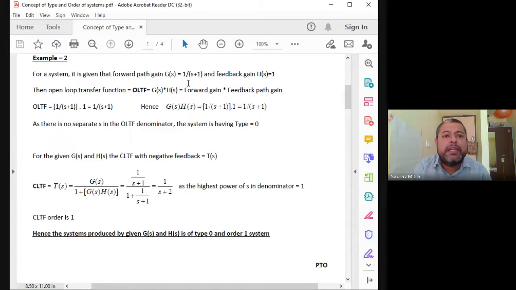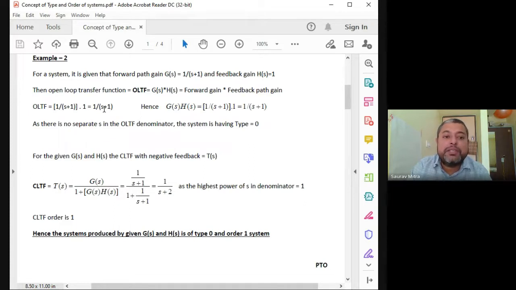So for the next example, G(s) equal to 1 by s plus 1 and H(s) equal to 1. What is open loop transfer function? It is 1 by s plus 1 into 1, that is equal to 1 by s plus 1. So how many poles are there at the origin for the OLTF? OLTF is G(s) into H(s), and closed loop transfer function CLTF is G divided by 1 plus GH. So OLTF is 1 by s plus 1.